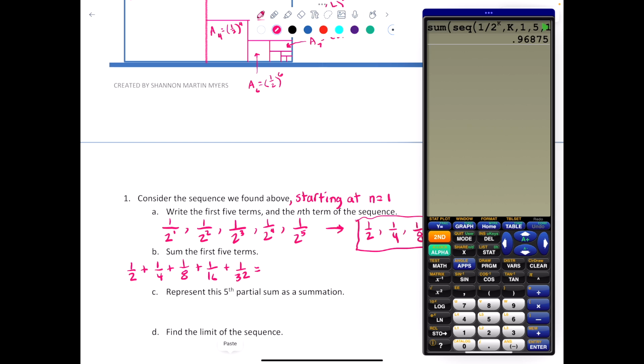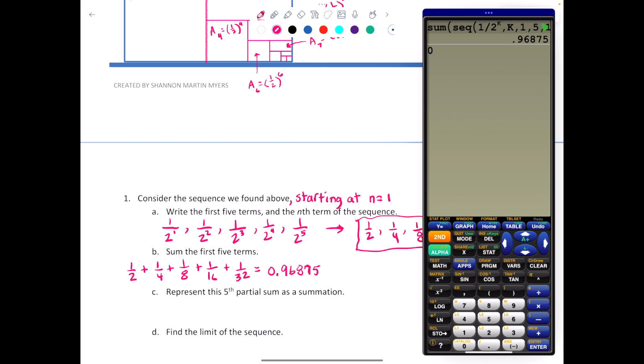And look what we get. We get 0.96875. And you can always check it by summing all the fractions.